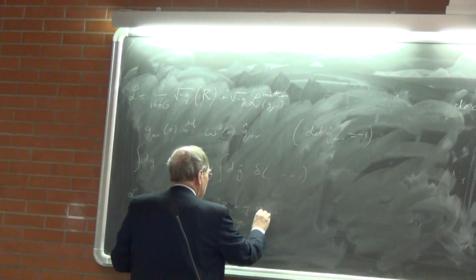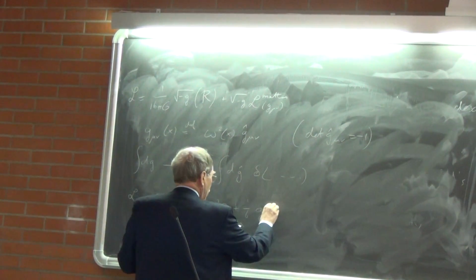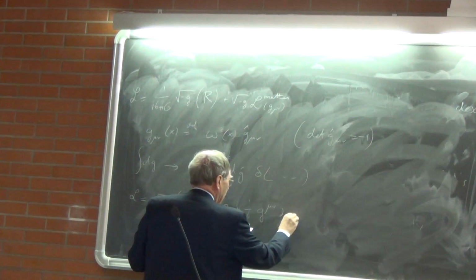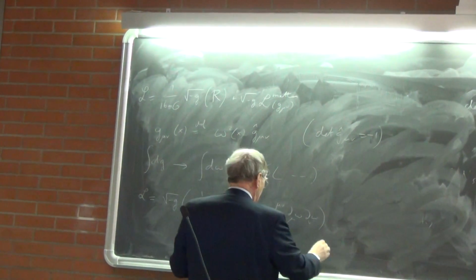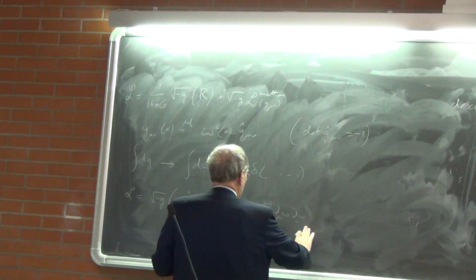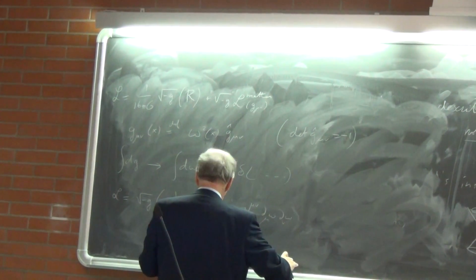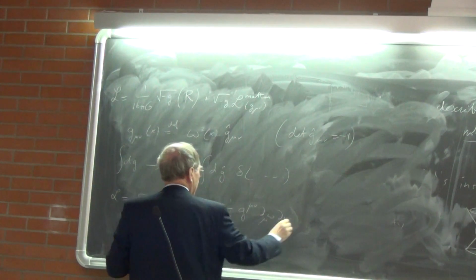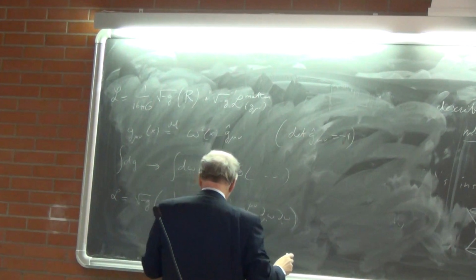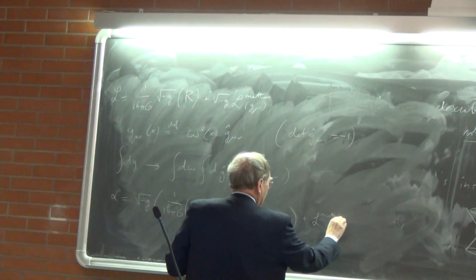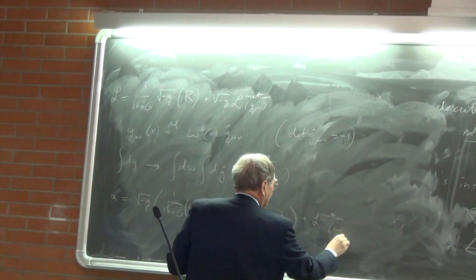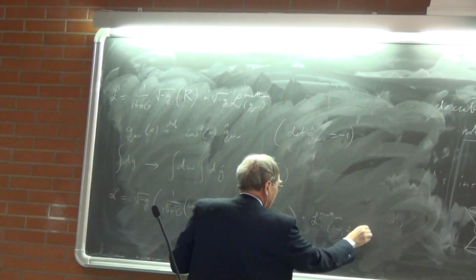Then there's g mu nu d mu omega d nu omega, and that all multiplies that, and then there will be plus the L matter. And the L matter depends on omega and on g mu nu hat.